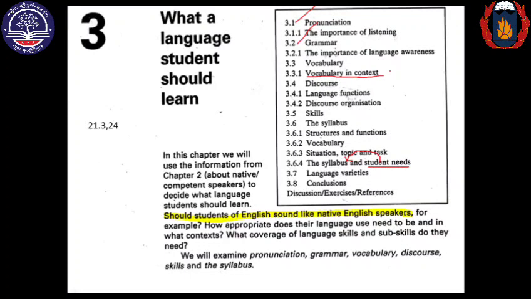For example, I usually use the word WIND. How to pronounce WIND? Is it W-I-N-D? Yes, WIND.